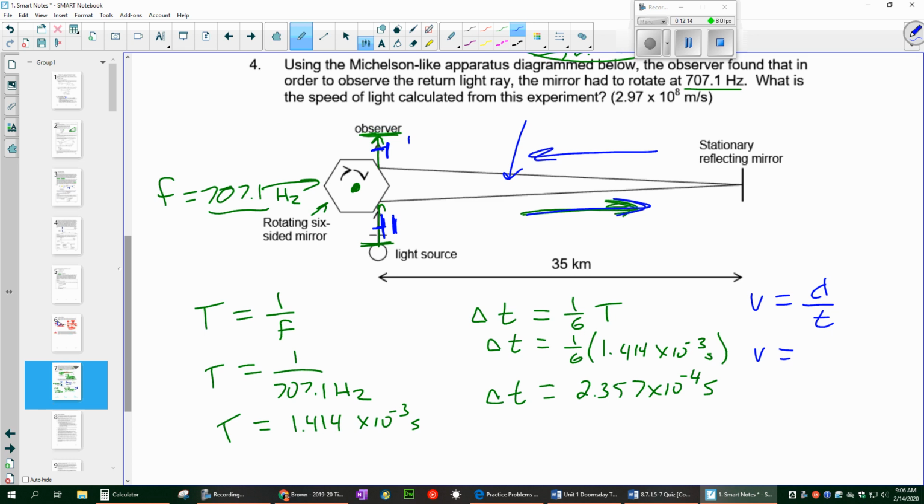The length of this one would be identical to the distance from the middle of this to that one, because the triangle we're dealing with is so small. It's just the width of this mirror. I drew it like a triangle just so we can see it, but for all intents and purposes it goes straight down there and then straight back.